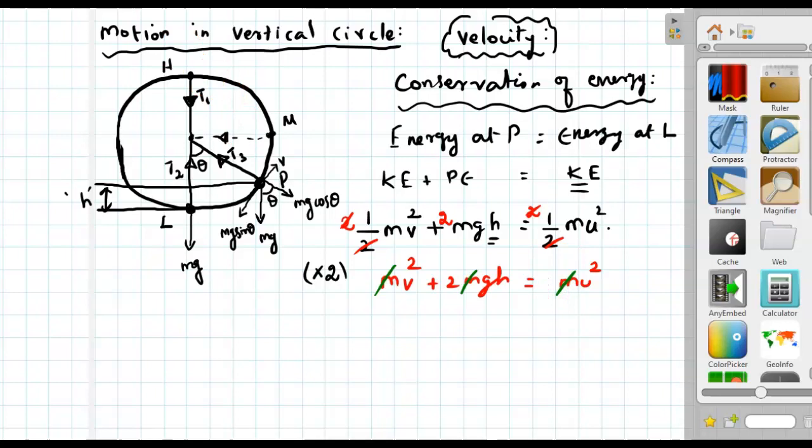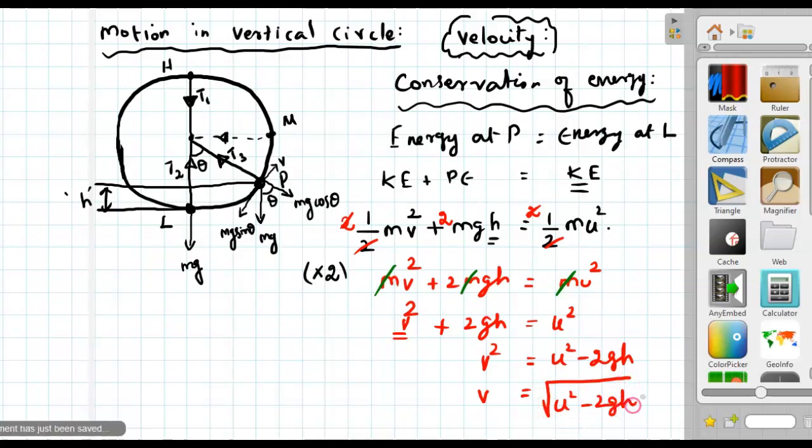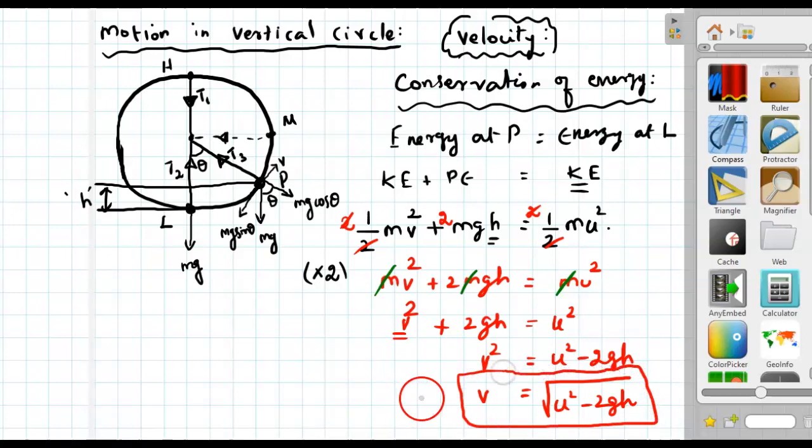Then the formula will be v square plus 2gh is equal to u square. Here I want to find v square, so v square is equal to u square minus 2gh. When you remove the square, we get the square root of u square minus 2gh. So this is the expression for the velocity of a body at any point: square root of u square minus 2gh.